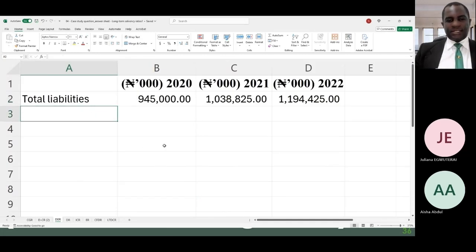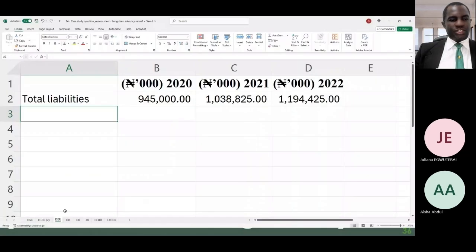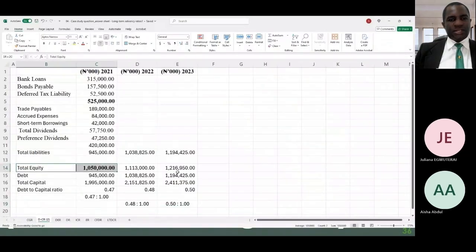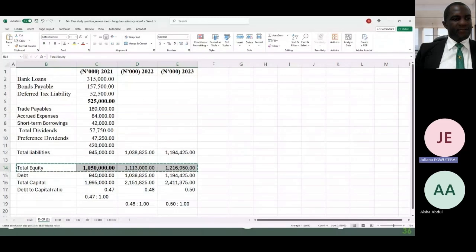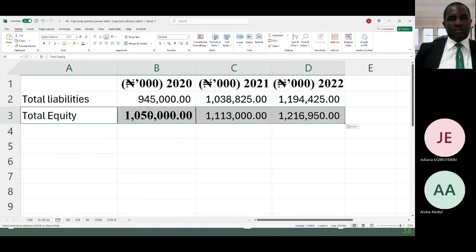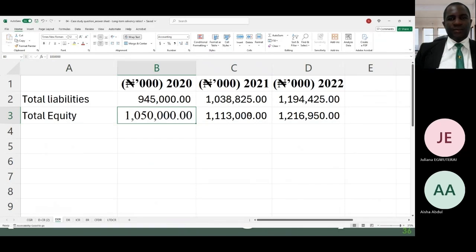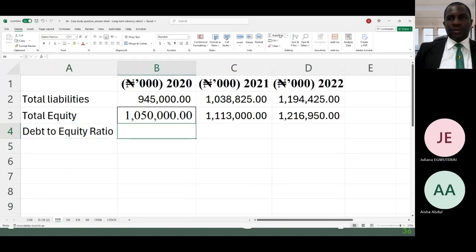So total liabilities, then let me pick, in that same sheet, our total equity. I have 0.93 to 1 and 0.98 to 1. It's quite high. Really? Wow. So let's do the debt to equity ratio.